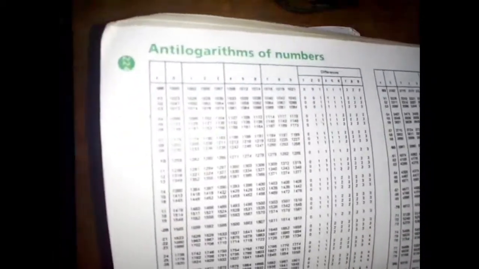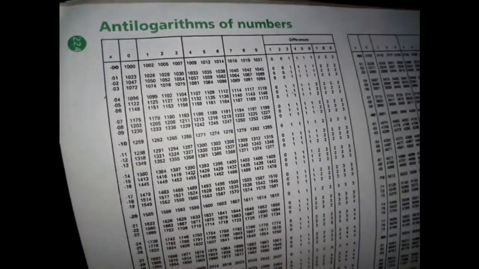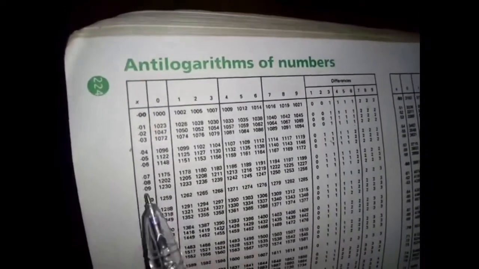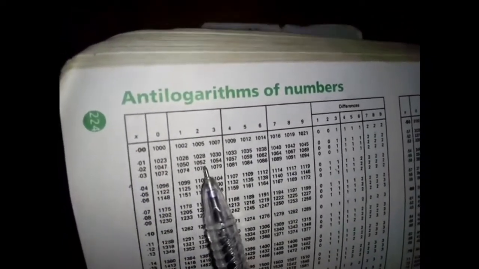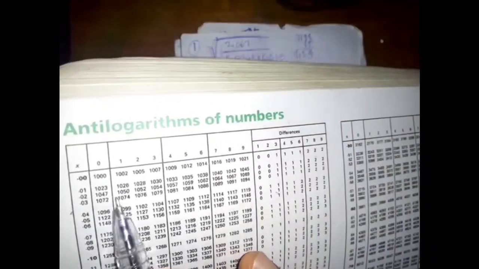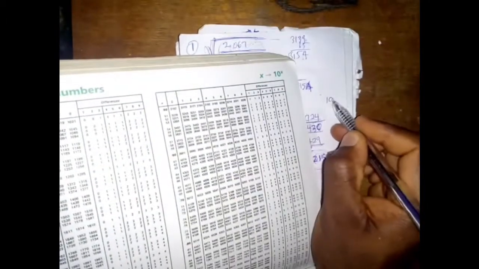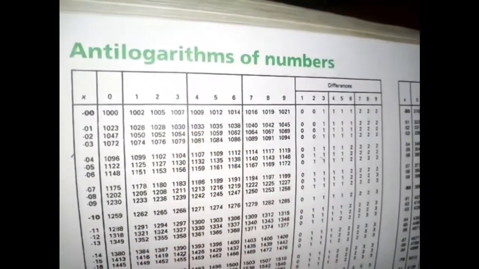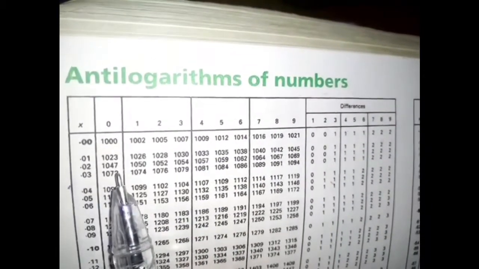So from your anti-logarithm table now, you make sure you go to anti-logarithm of numbers. You go to 0.02 under 1, which is 1050. 0.02 under 1, 1050.